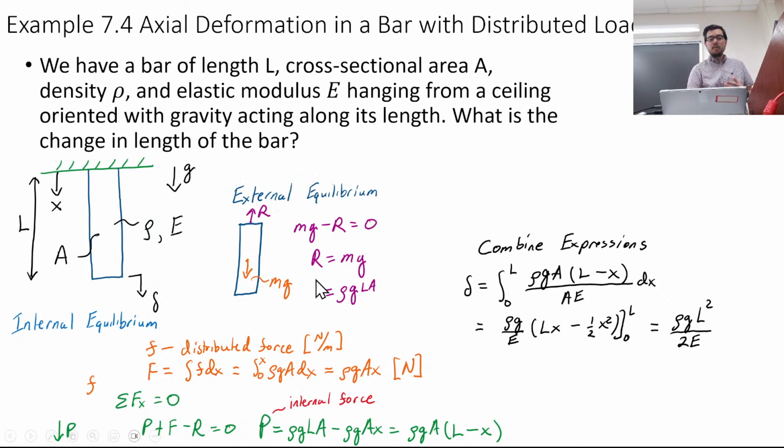So what does that mean for the reaction force? It means that it's mg as well. And what is m? M is density times volume. So m is rho times the length times the area, and g.